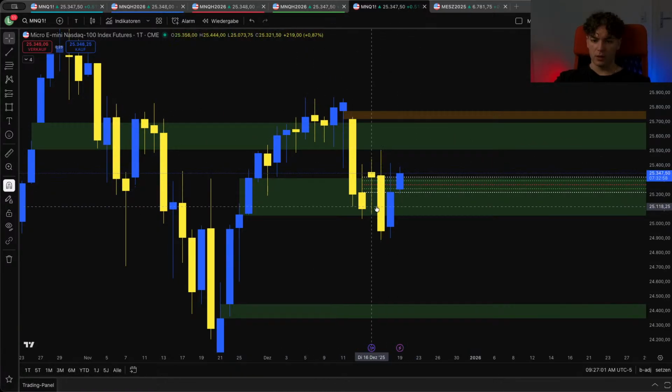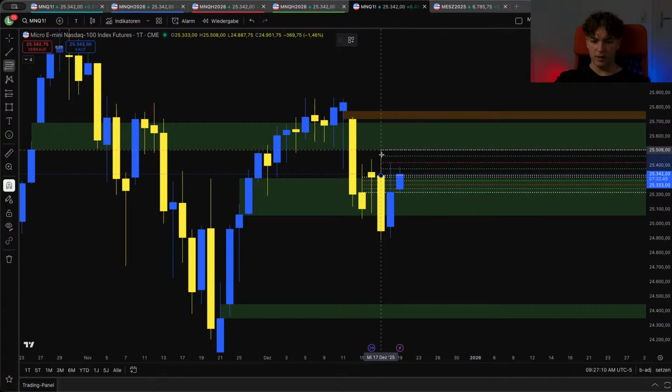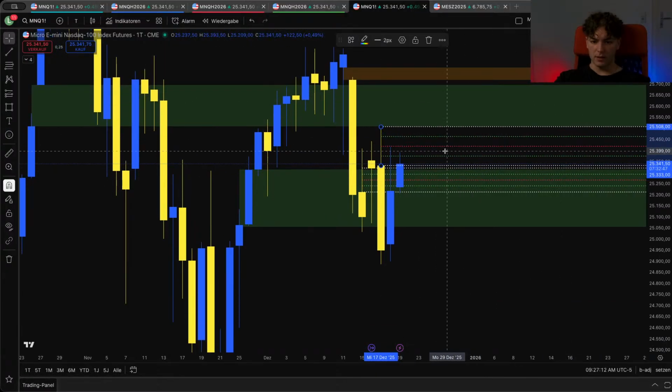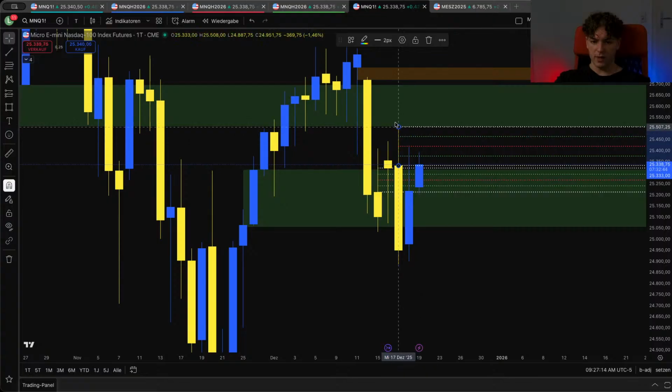Price traded up higher, wicked up into this volume imbalance, okay? So actually, I don't want to see price trade any higher than the upper quadrant of that wick.